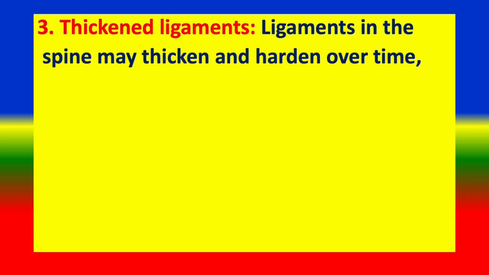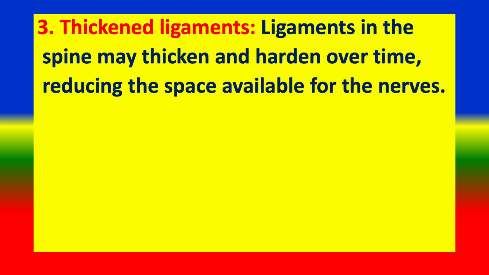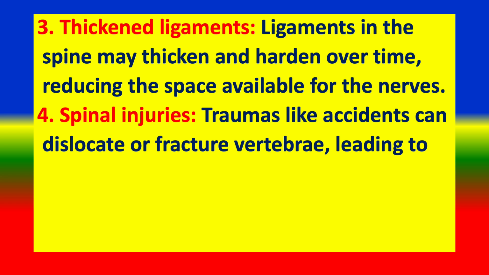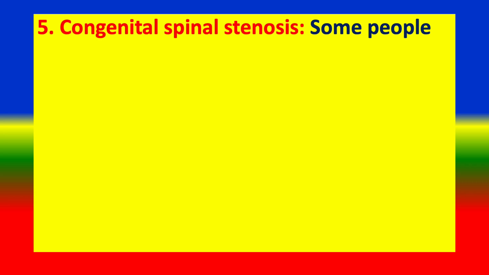Ligaments in the spine may thicken and harden over time, reducing the space available for the nerves. 4. Spinal injuries. Trauma like accidents can dislocate or fracture vertebrae, leading to spinal stenosis. 5.